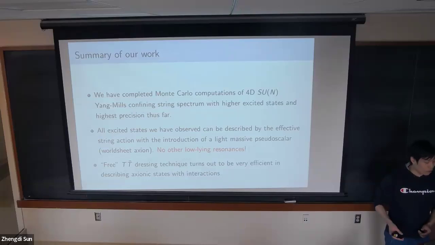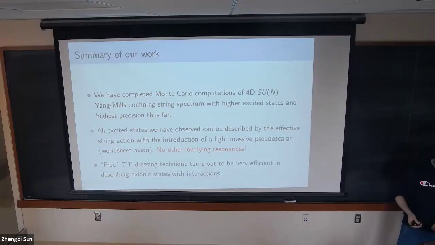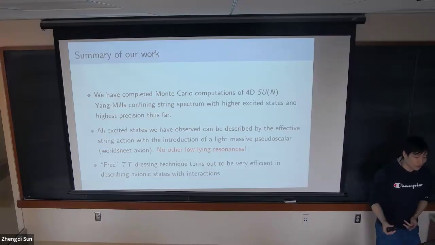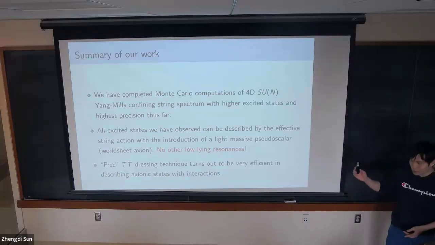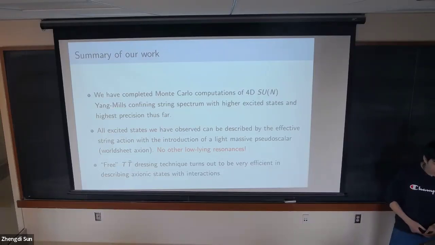And from a theoretical point of view, we have also obtained a method of computing all the low-lying spectrum using analytic ways, and we have verified that all excited states we have observed on the lattice can be described by the effective string action with the introduction of a light massive pseudoscalar, which is sometimes also known as the worldsheet axion, and I will use this name in the following.